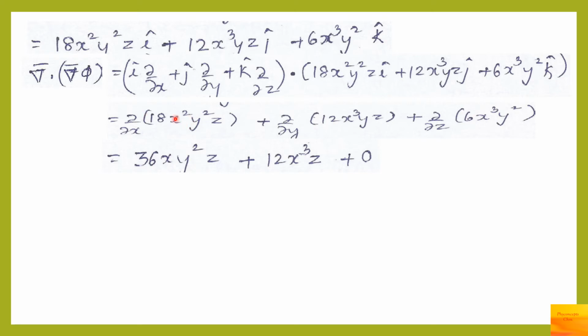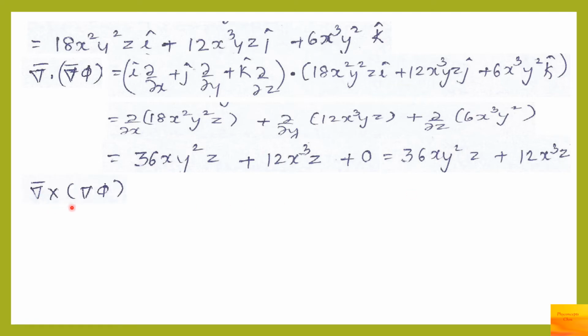We get here x square, we have to differentiate x square, that is 2x. So 2 into 18 is 36xy square z. Here differentiation of y, we get 12x cube z, and here there is no term of z, so it is 0. So final equation is 36xy square z plus 12x cube z.